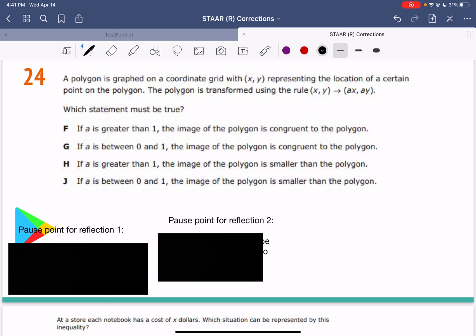So what we need to recognize is that this type of rule is representing a dilation.